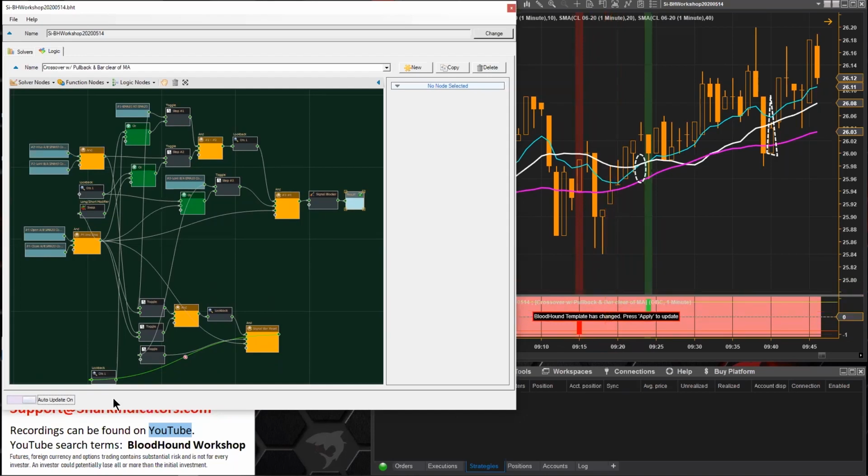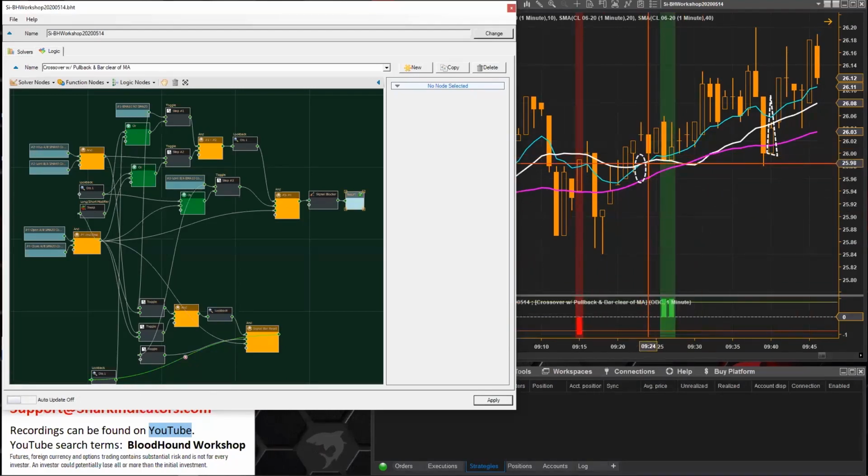Hold on. The little message says the BloodHound template has changed, press the apply button. But of course, when you turn the auto update back on, the apply button disappears. So let's turn it back off for a moment, hit the apply button, let it do its calculation, then when it's done I'll turn the auto update back on.